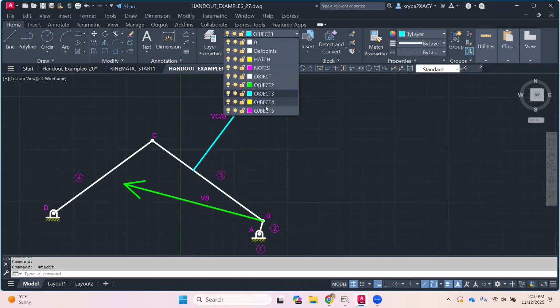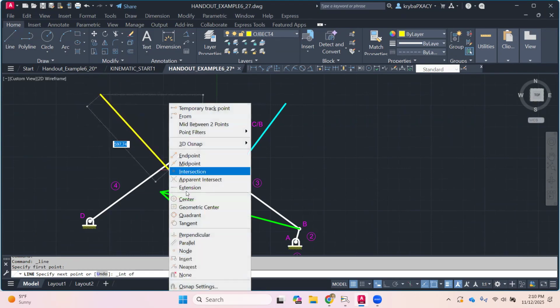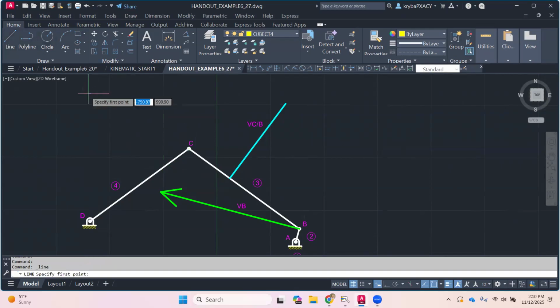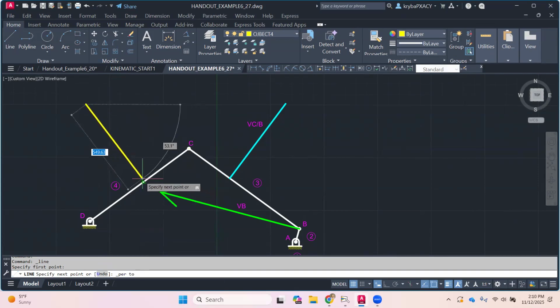Then the last one we're going to do is the velocity of C, and it is going to be perpendicular to link number 4. So I'm going to draw a line. It's going to start randomly out, and it's going to go perpendicular to link number 4.